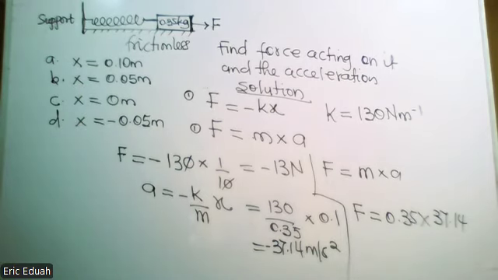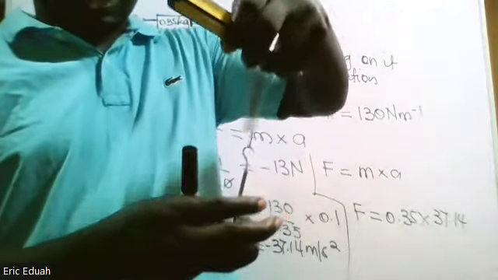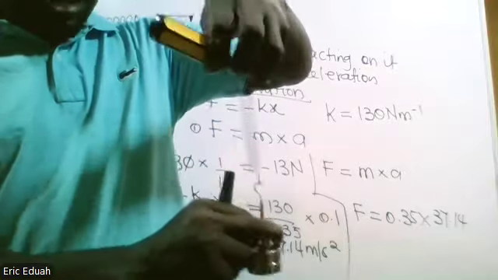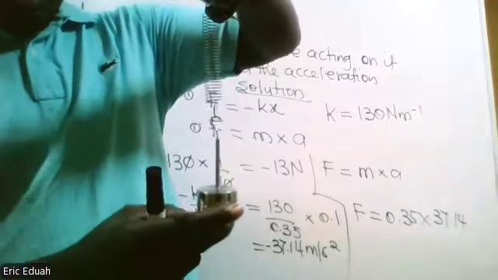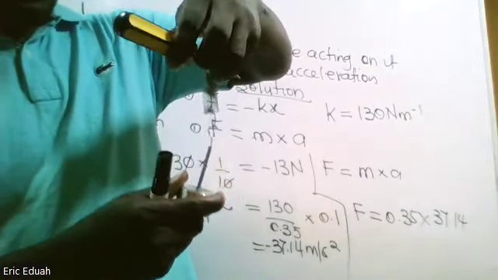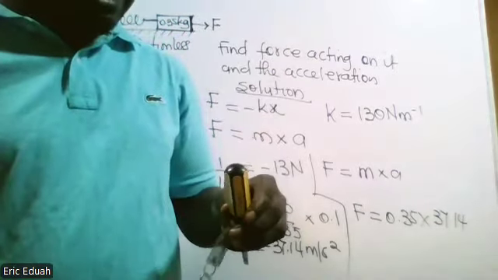When I suspend a load and the load stretches it, this is extension. If it's a compression, it is being pressed together, then the displacement is taken as negative.